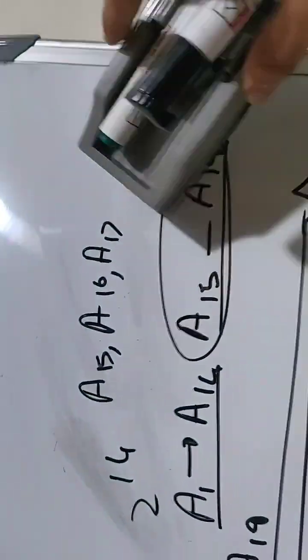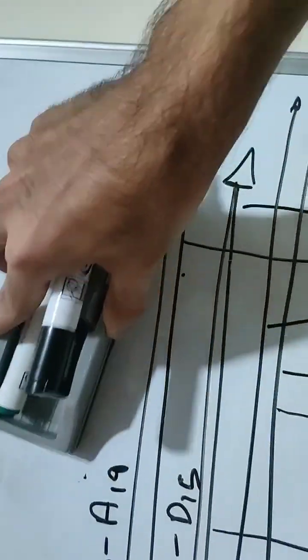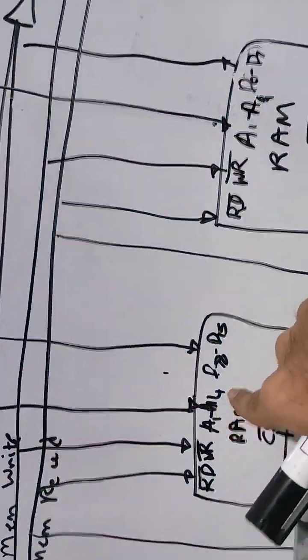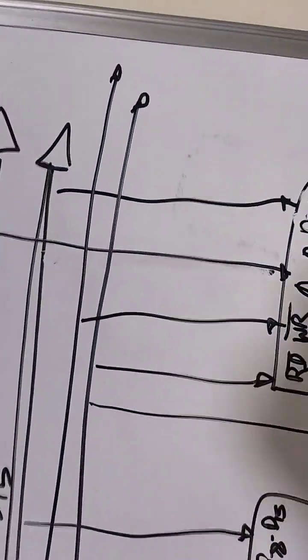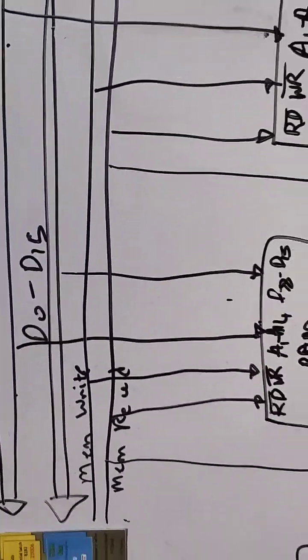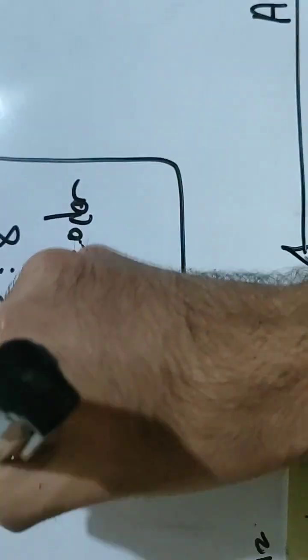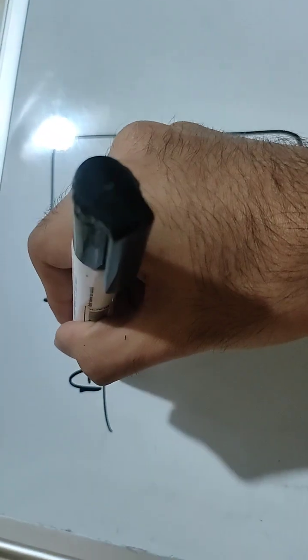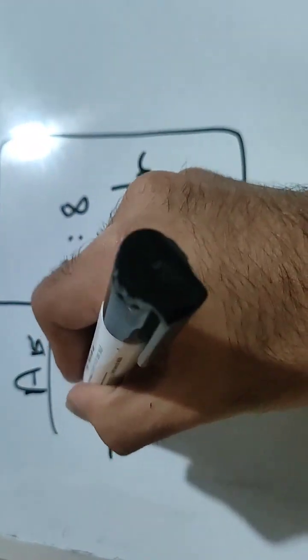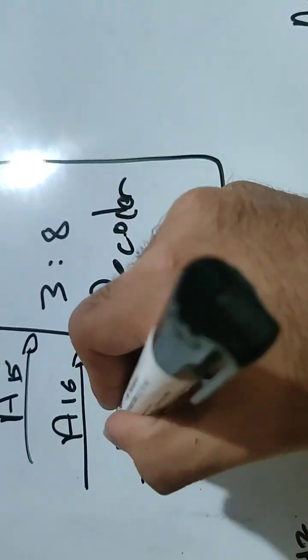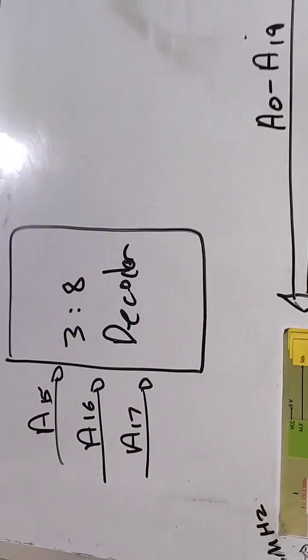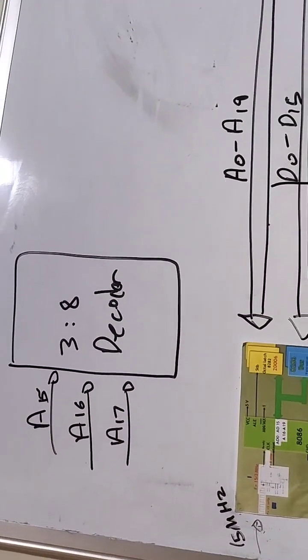A1 to A14 are already being used, so we can't use them here. So we'll be taking A15, A16, A17. Now we'll take these 3 as inputs.